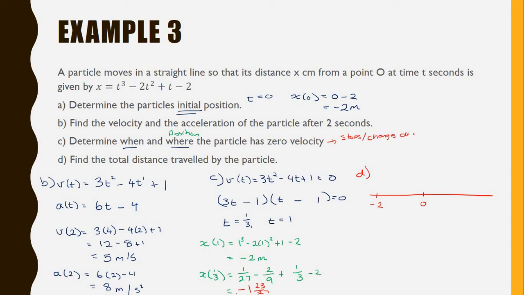So we never have a change of direction unless the velocity is equal to 0. So we've started here at negative 2, then after 1/3 of a second, it's travelled slightly this way and got to -1 and 23 over 27.